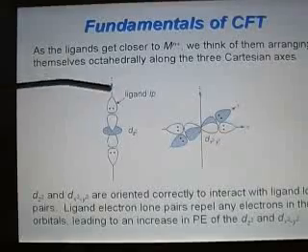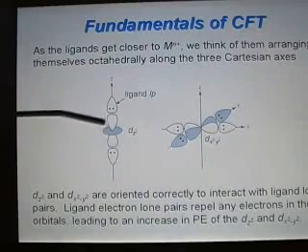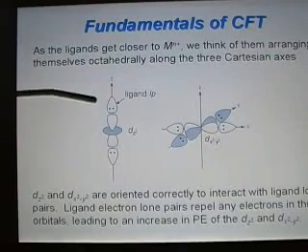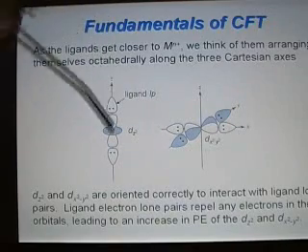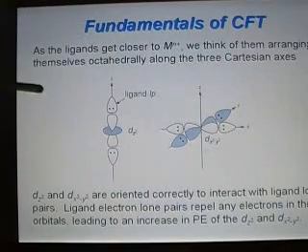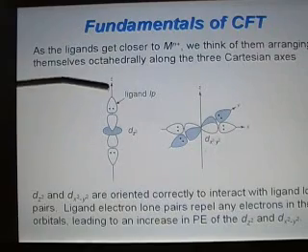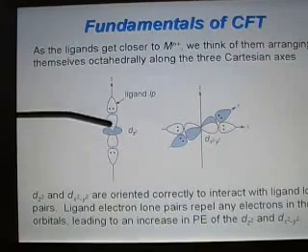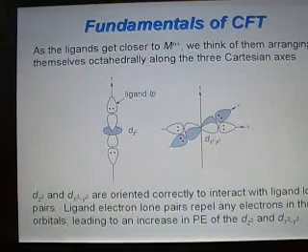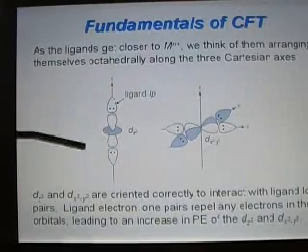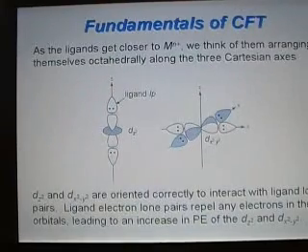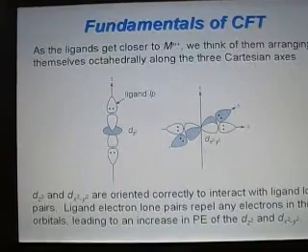So, for example, this is the dz squared orbital right here. If you have a ligand coming along the z-axis above and below the metal cation, you'll have 2 ligands interacting with the dz squared orbital. Since they're interacting with the dz squared orbital, it's going to increase in energy.